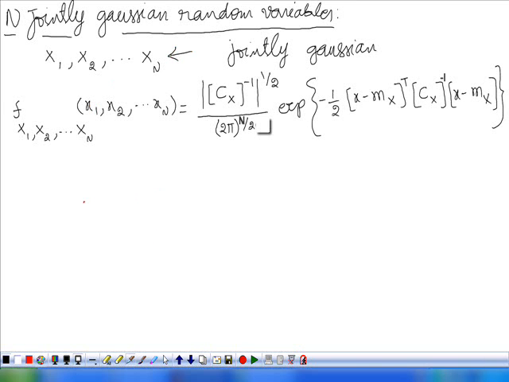So here x minus mx is a column matrix. The brackets indicate a matrix, something inside.